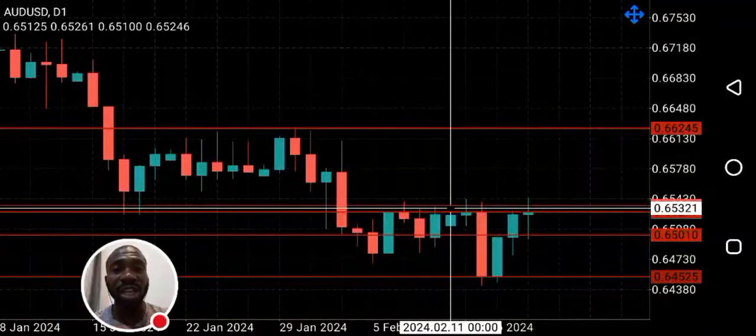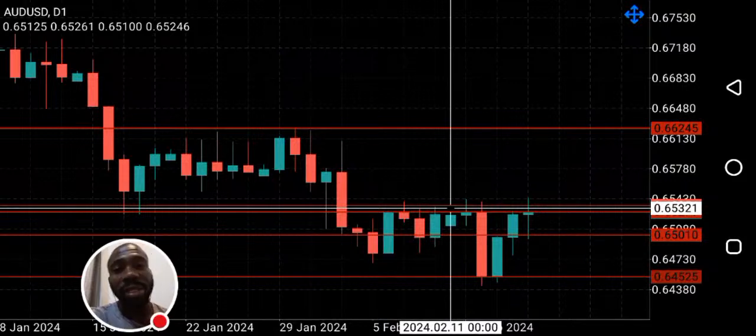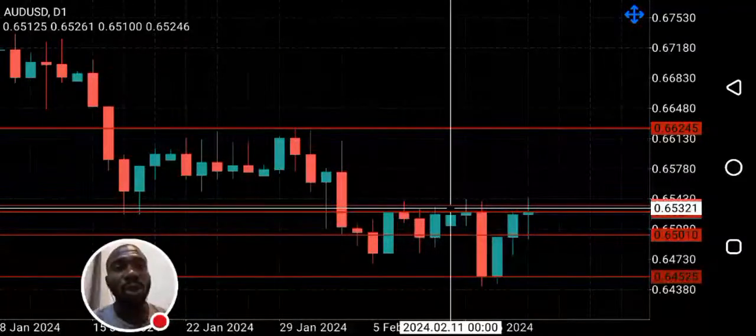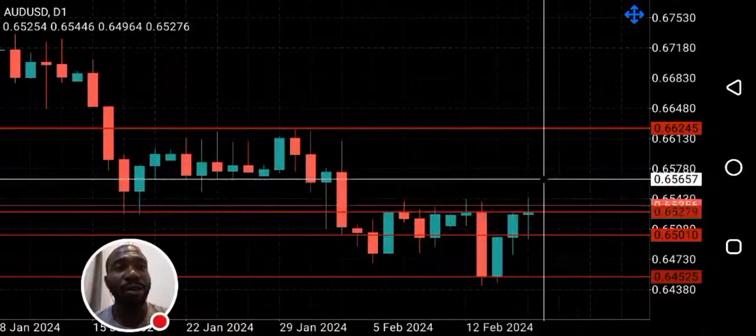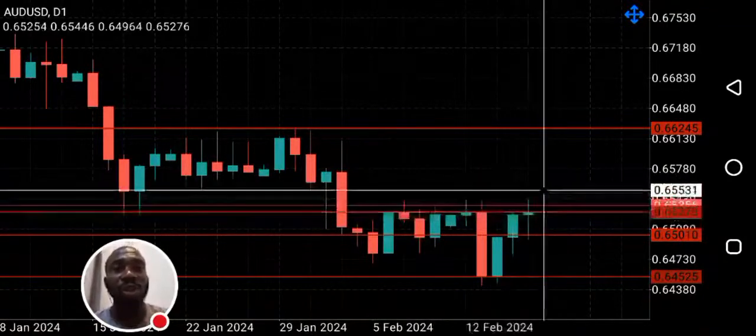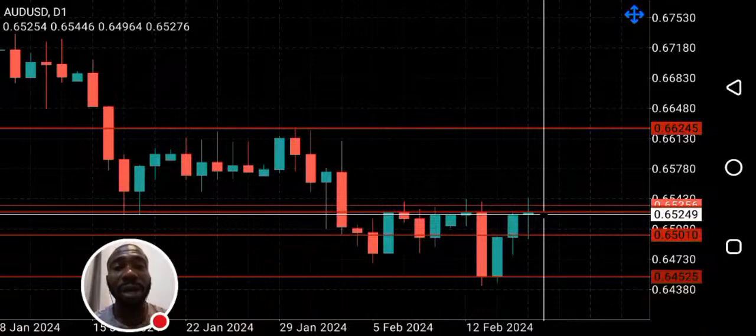That will be the right time to consider buying Australian dollar USD. So you need to wait for a bullish candle to close above this level. If a 4-hour candle closes above that level, we could risk buying Australian dollar USD.